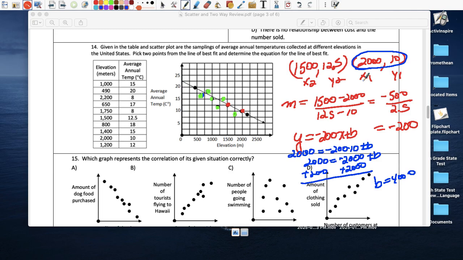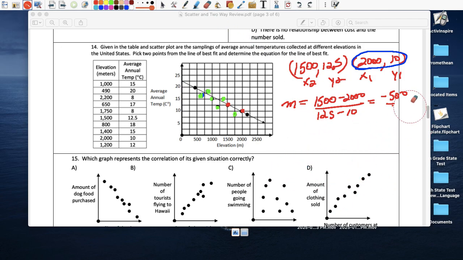Let me just double check everything. This point here is 2010. This point here is 1512.5. So let's subtract. Oh, I did it backwards. Ugh, sorry. Forget all that. Forget all that.